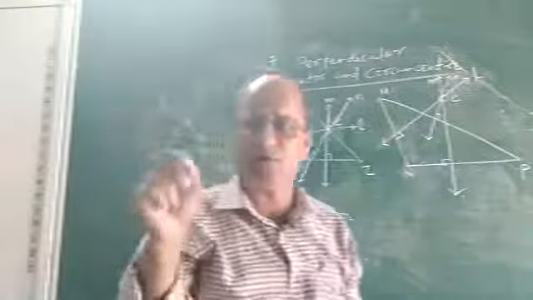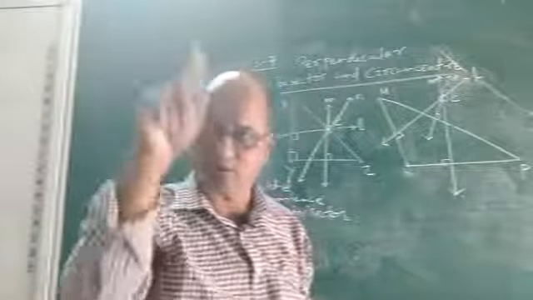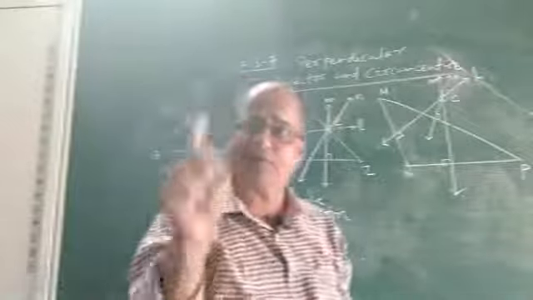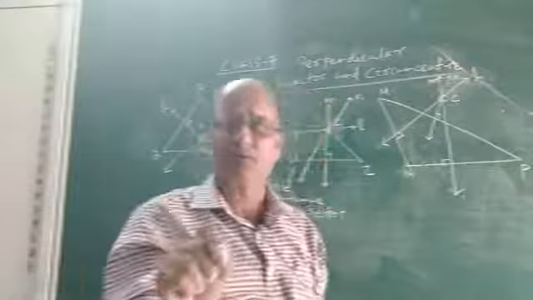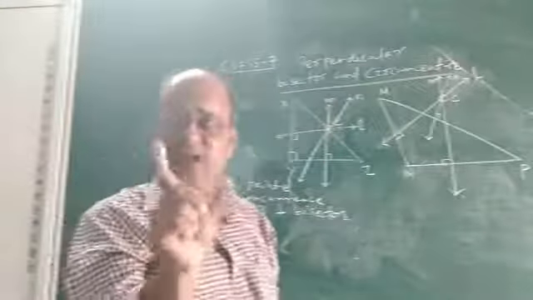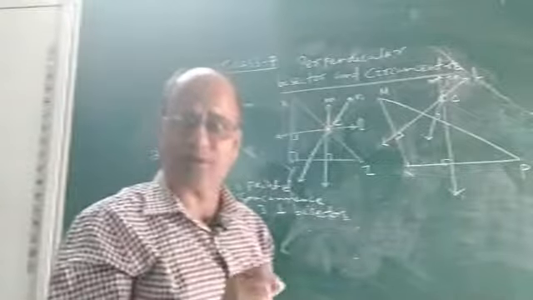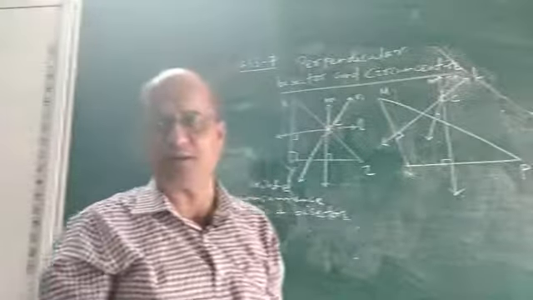So children, I hope you understood what a perpendicular bisector is. It is a line which bisects another line into two equal halves, making 90 degrees. It means it is perpendicular to the line as well as bisects the line, or divides the line segment into two parts. That is a perpendicular bisector. A triangle has three sides, so there will definitely be three perpendicular bisectors.